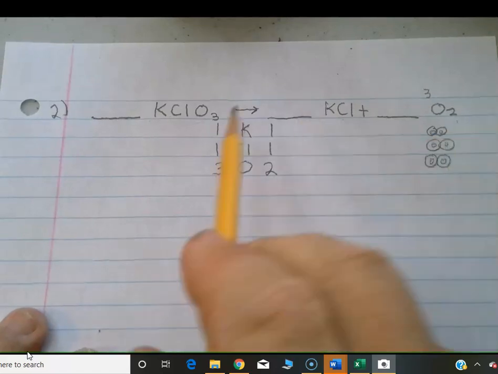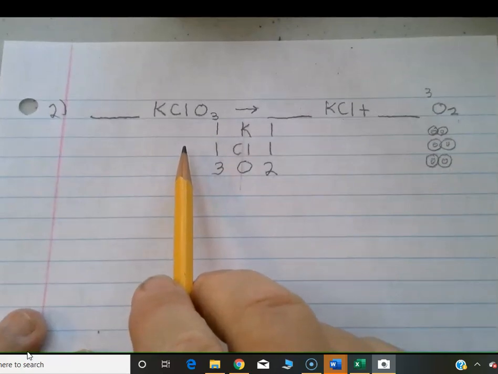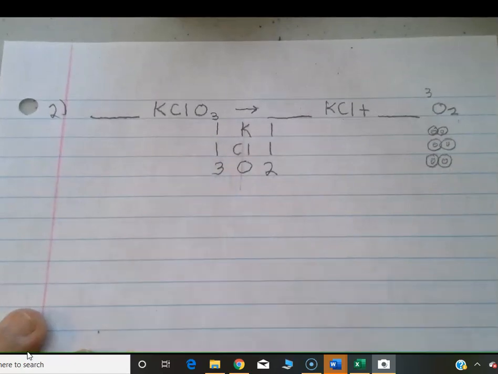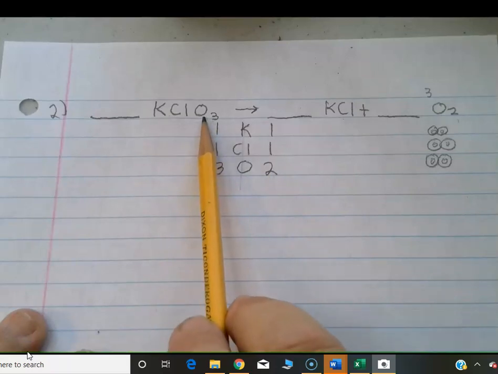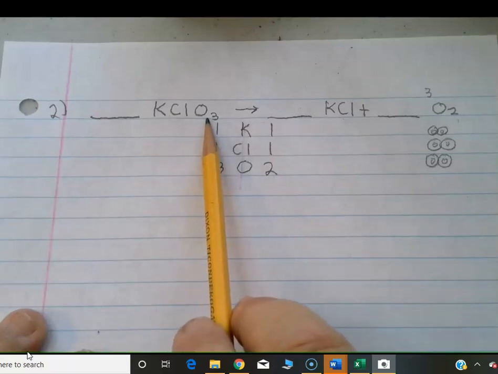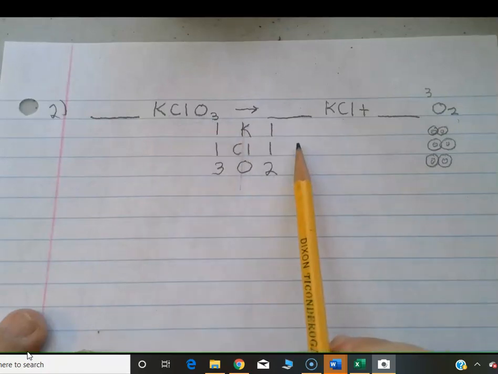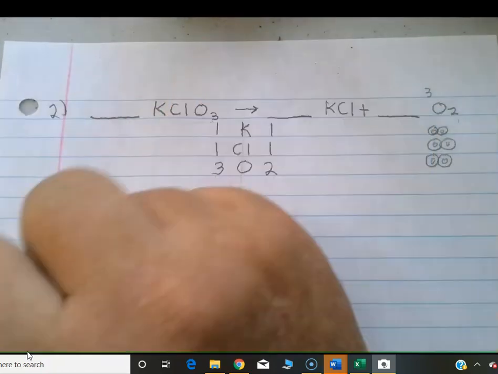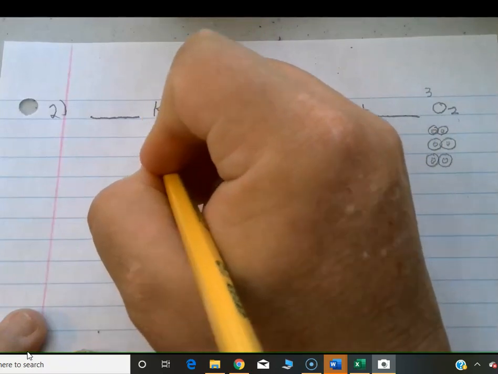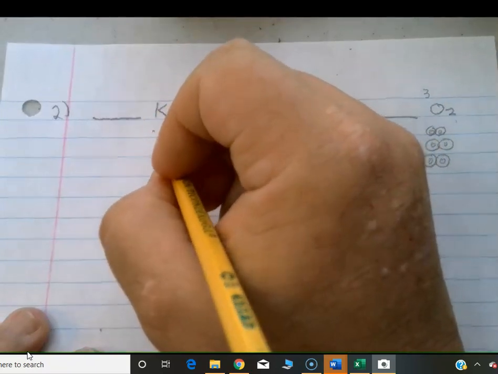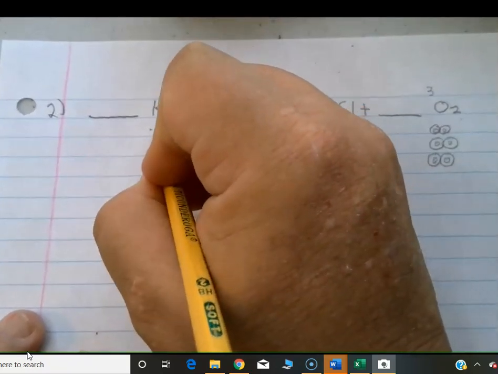Okay, so over on this side, what do I have? If I'm just looking at oxygen, I have 3, so in order to get to 6, I can go ahead and write this out as a KCl. I'm not going to try to do the shape of this necessarily.